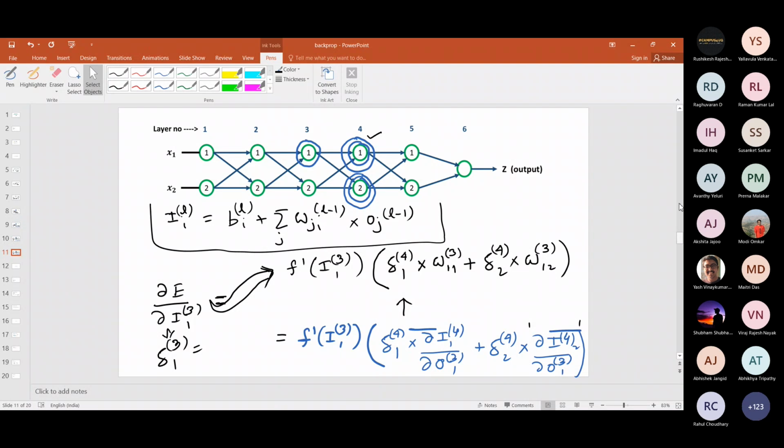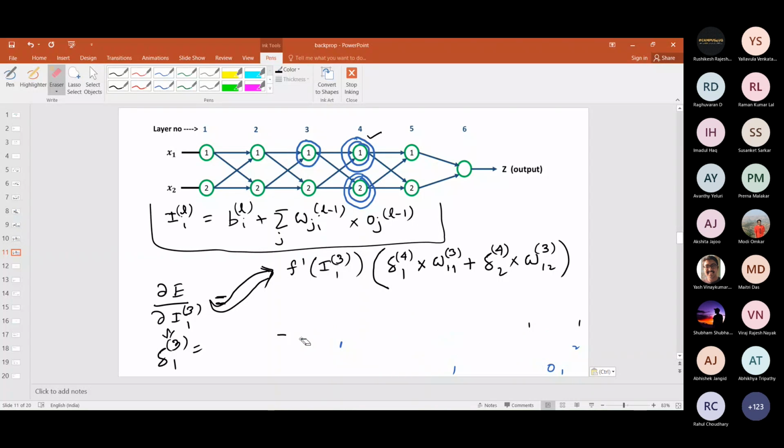So this is my network, and I'm going to generalize this whole expression. Just erasing this whole thing so that it's a little bit clearer, and then we will do the other parts. Okay.